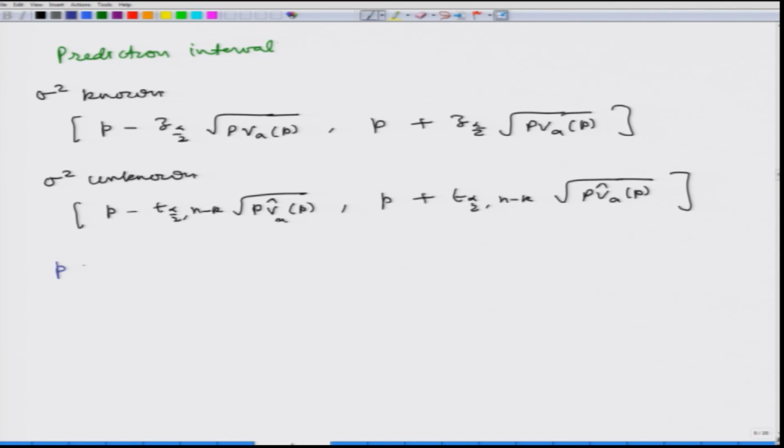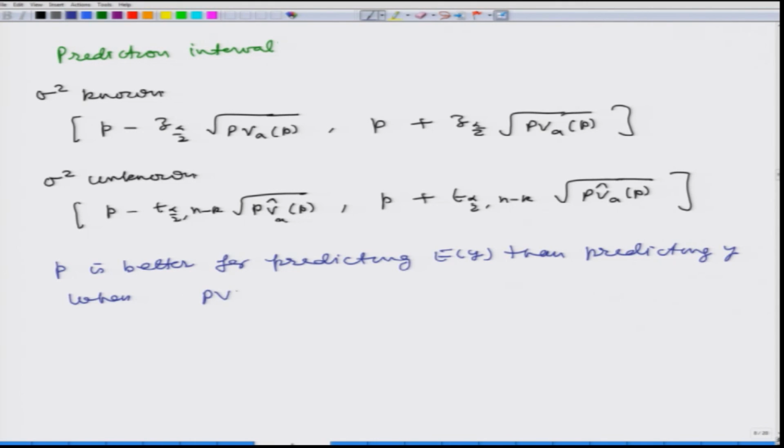So, if we try to compare them, we can say that P is better for predicting the expected value of Y than predicting the actual value Y when the predictive variance of P when it is used for forecasting mean value is smaller than the predictive variance of P when it is used for actual value, and this gives us k less than n minus k, or I can say n is greater than 2k.